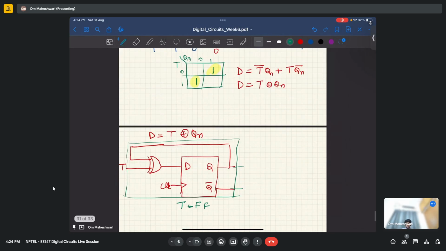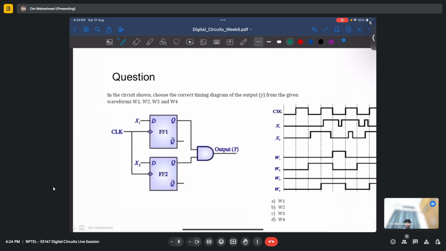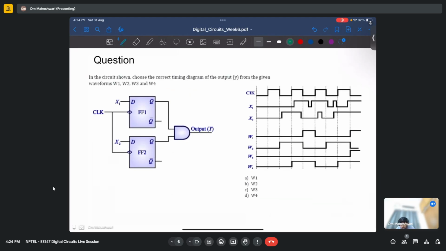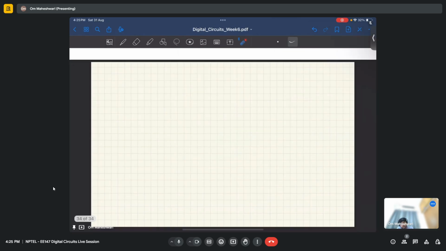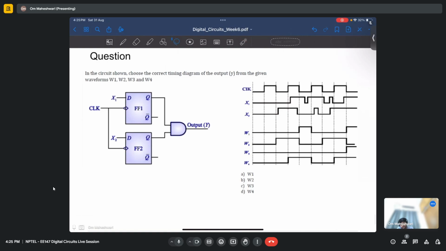So the last question for today is, in the circuit shown, choose the correct timing diagram of the output Y from the given waveforms W1, W2, W3 and W4. So we have to tell what will be the waveform of output Y among these four possible choices. So solve this. First copy this timing diagram.